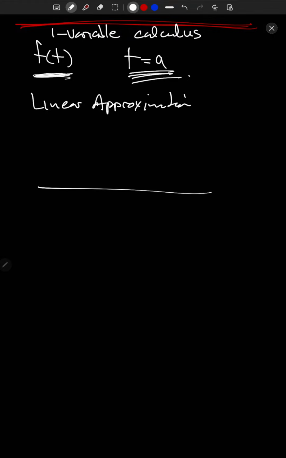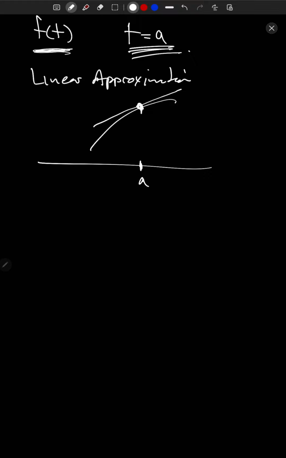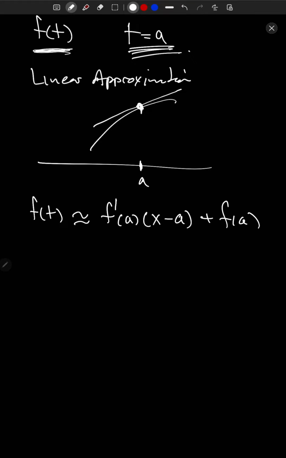The idea was that if the graph of your function looks like this, and here's t equals a, if you draw this tangent line right there, whose slope is f prime at a, then my function f of t near a is roughly the linear approximation: f prime at a times t minus a plus f of a. And again, this is the equation of that line.